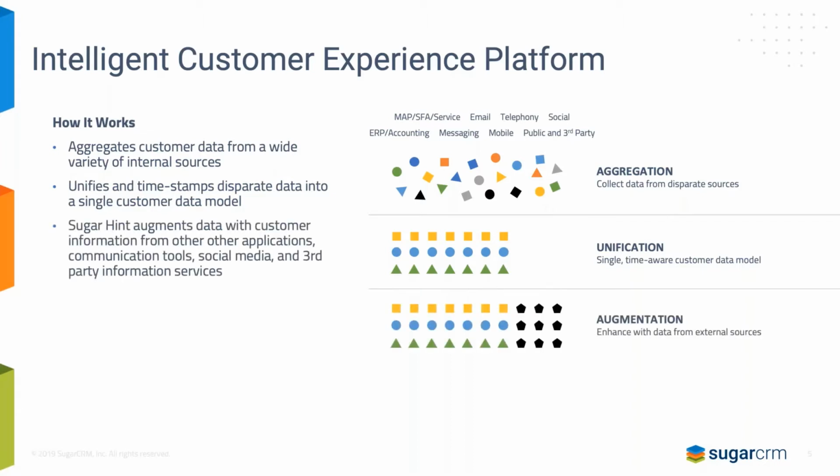And then once we have this data, it's unified, it's time-stamped, we then augment that data with information from other sources that are maybe external to your company. Things like social media, or tools that they use to communicate, or third-party information services that we've integrated with in order to augment the data that you have about your customers.